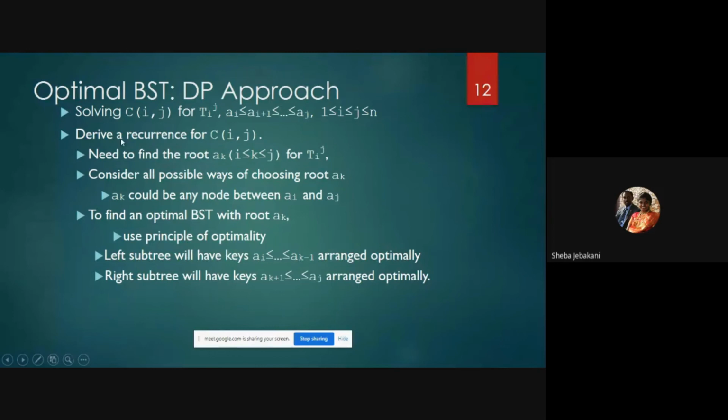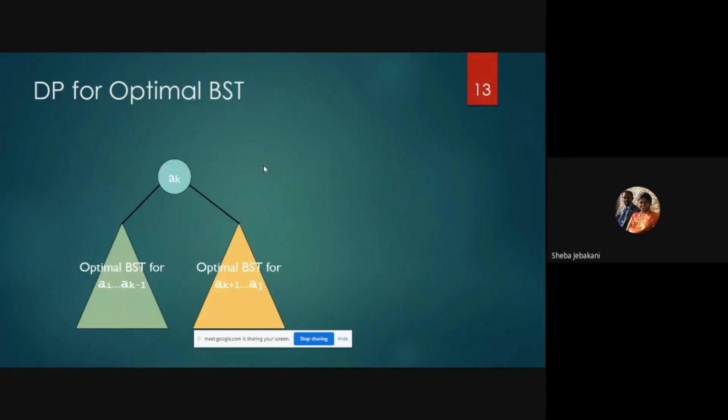So we need to derive a recurrence for C of i comma j, and then we need to find the root a_k for that particular value, wherein k will be the intermediate one, and consider all possible ways of choosing the root node. Among all the different root nodes that we have, we need to find the minimum and take it.